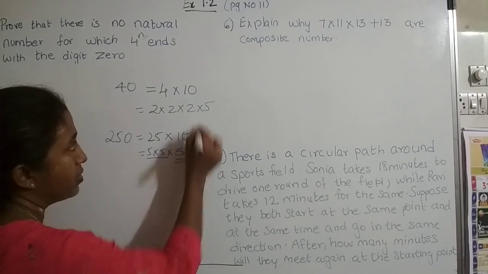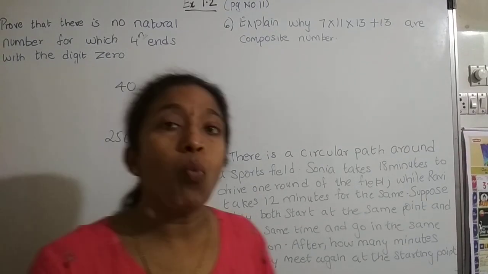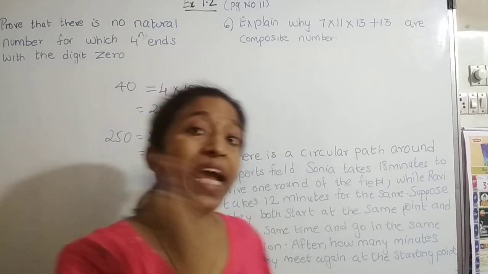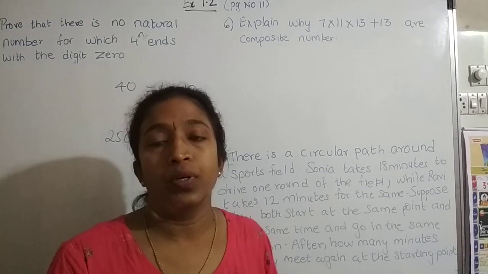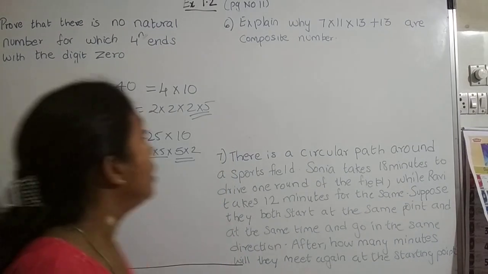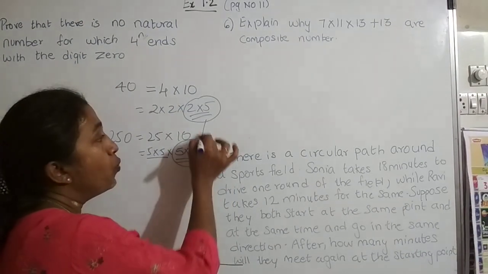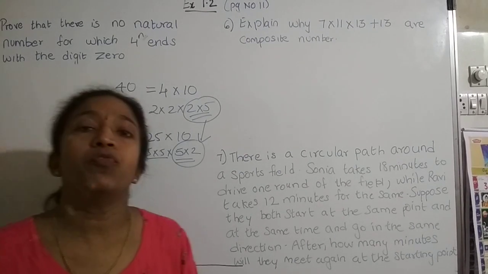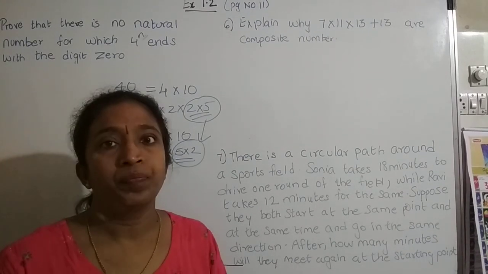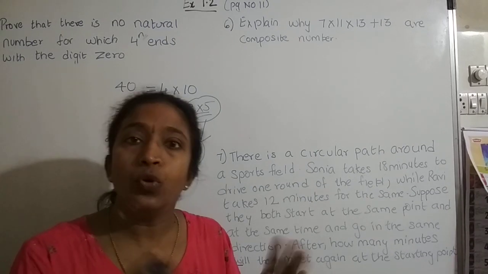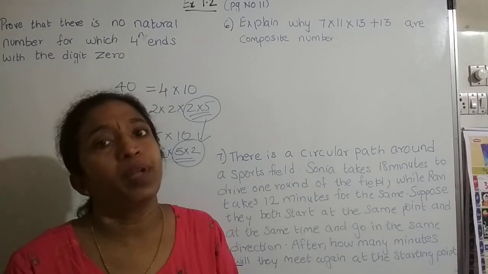So here we understand that if you want the units place to end with 0, you must have 2 and 5 as prime factors, because 10 is 2 into 5.